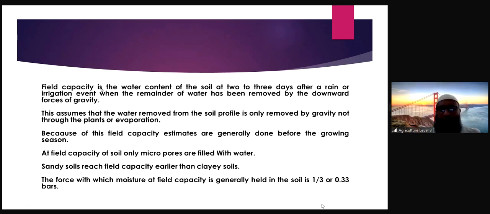So field capacity is the water content of the soil at 2 to 3 days after a rain or irrigation event, when the remainder of water has been removed by the downward force of gravity, by the arrangement I have discussed just now. This assumes that the water removed from the soil profile is only removed by gravity, not through plants or evaporation. As I say, evaporation, transpiration by plants, seepage and runoff are all prevented.